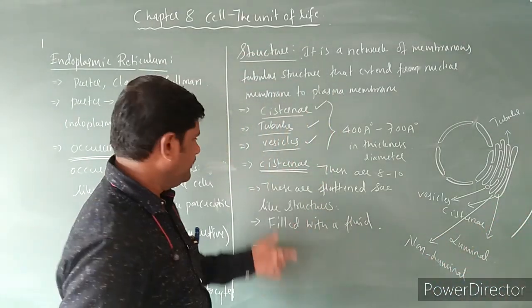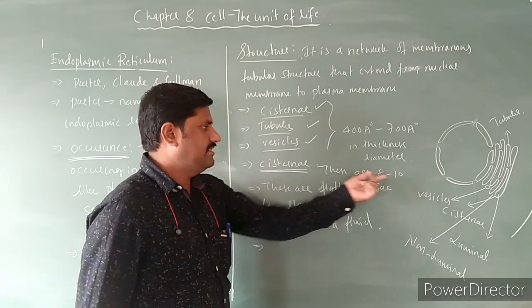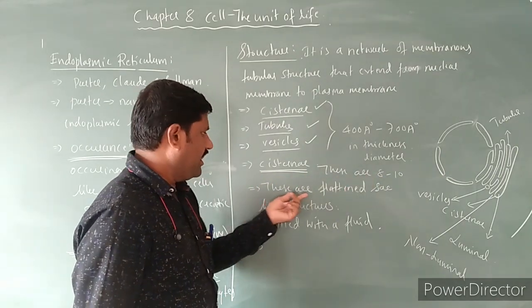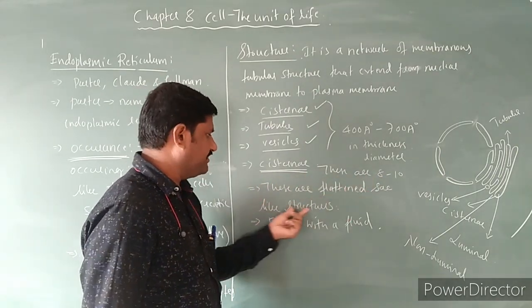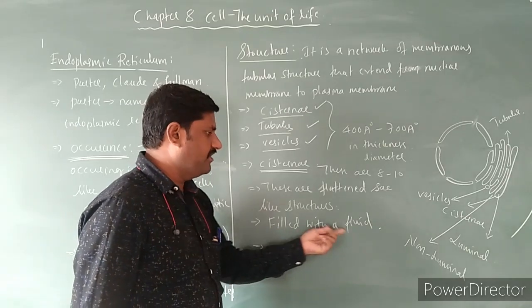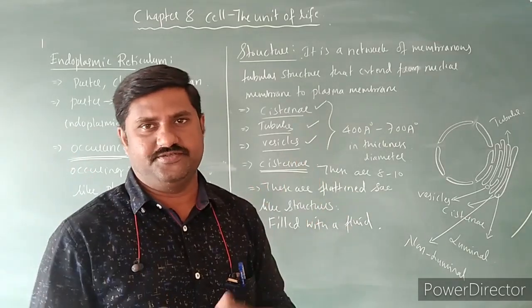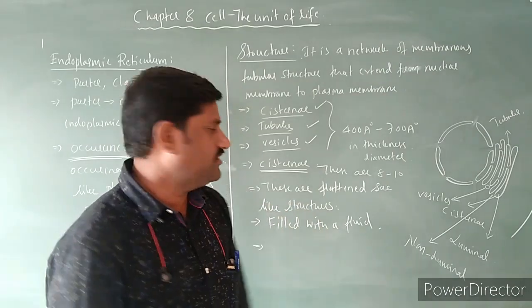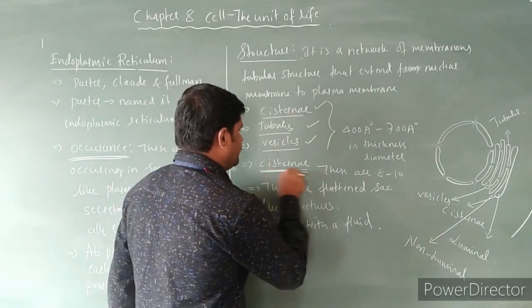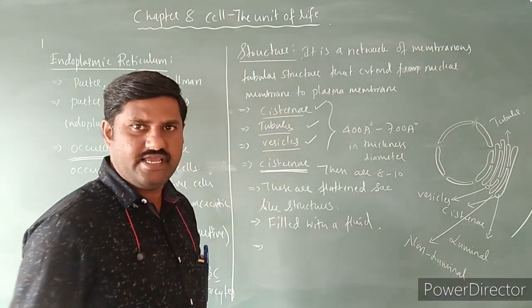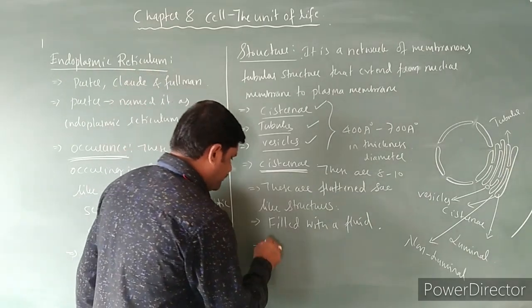So come back to the cisternae part. Cisternae, these are 8 to 10 in number, and these are flattened sac-like structures, filled with a kind of fluid. Right? They are called cisternae. And the next one is tubules.